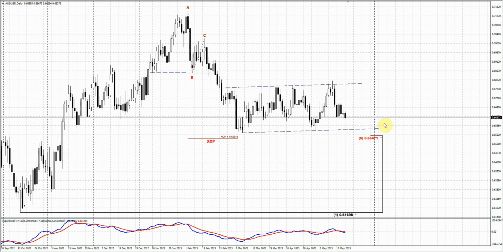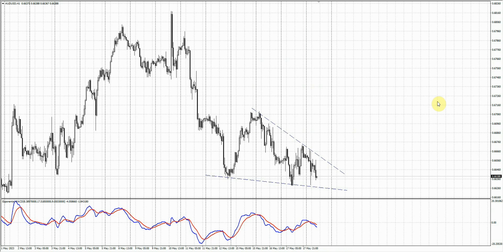So what could we say about this consolidation? You probably do not remember that, but we also mentioned the ABCD pattern here. This is a big ABCD pattern, and here we have a triple top, and the market has completed this ABCD right there. This was the OP. This is important for position taking and for deciding what might happen on the intraday charts, since on the hourly chart we could see that the market is clearly forming a bullish wedge pattern.